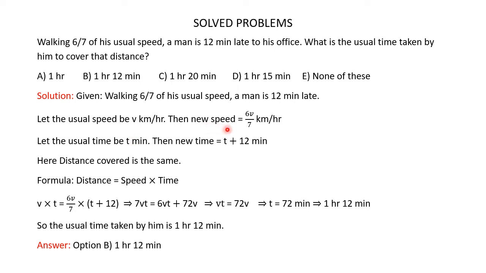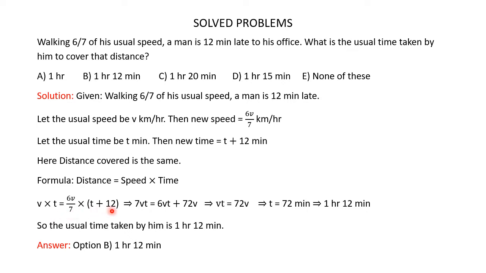At the new speed of 6v by 7 kilometers per hour and new time of t plus 12 minutes, distance is equal to 6v upon 7 multiplied by (t plus 12). But since the distance covered is the same, v multiplied by t is equal to 6v by 7 multiplied by (t plus 12).